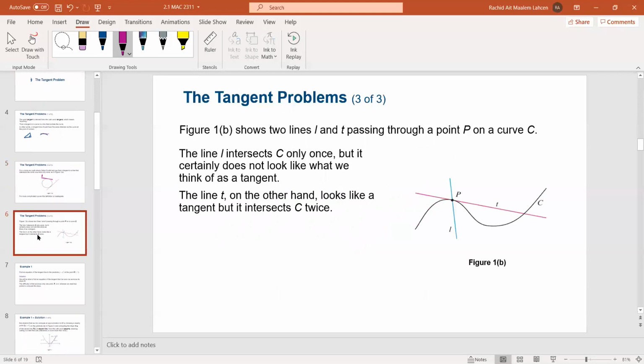However, in real life, let's say there is a roller coaster, right? It's not a circle and it twists and all that, and you need to do the calculations. So here there are two lines. The first one, L, crosses it in one point, but it's not in the same direction. And T is kind of in the same direction, but it crosses in 2 points. All right.